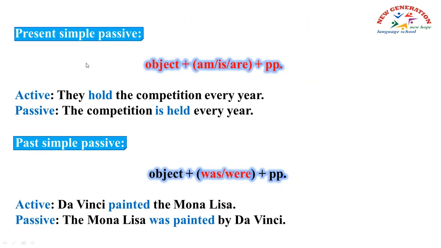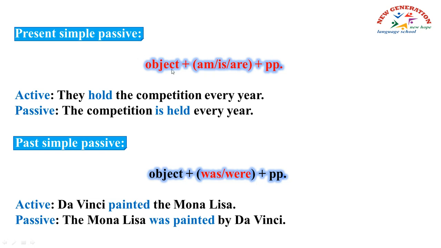Now, the steps to change any sentence from being formed in the active voice to be formed in the passive voice: we shift the places between the subject and the object. The subject is the doer of the verb. The object is the one or something that receives the verb. So we shift places between the subject and the object.